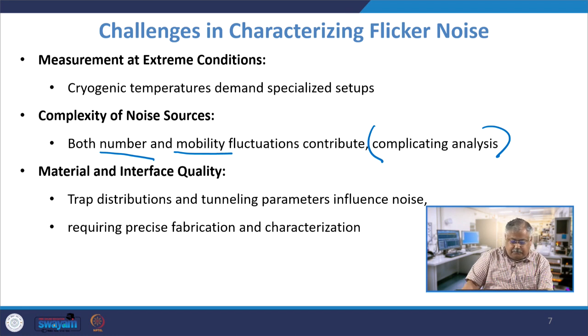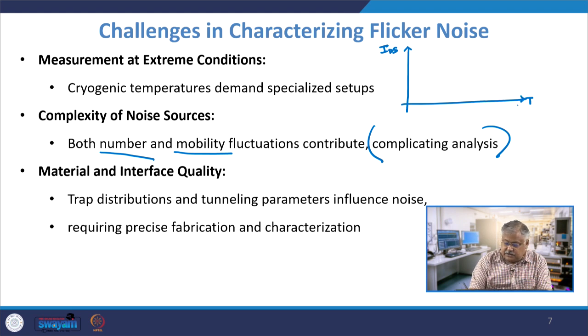Now, if you plot drain current IDS versus temperature, and this is 300 Kelvin, let us suppose, then for an N channel device or a P channel device, the general trend is something like this. There is an increase in temperature for a low value of gate voltage.